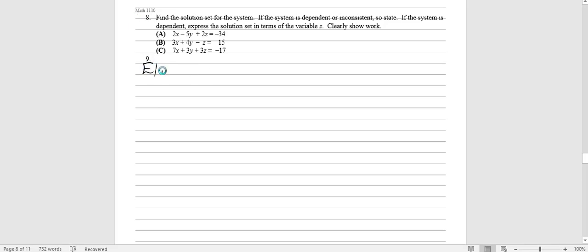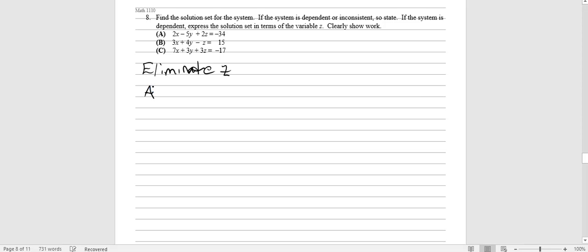That's going to be my easiest choice. I'm always looking for the easiest route because that minimizes the chance that I'm going to make an error. So I'm going to eliminate z, and I am going to use B and A.